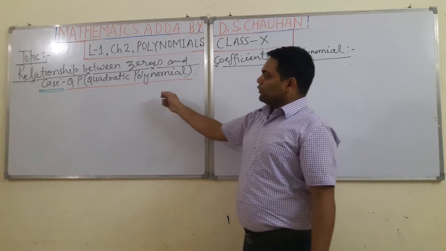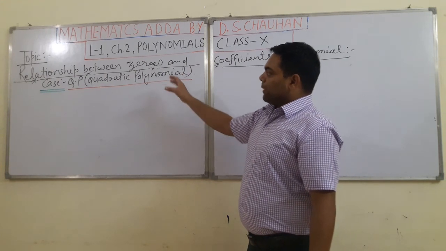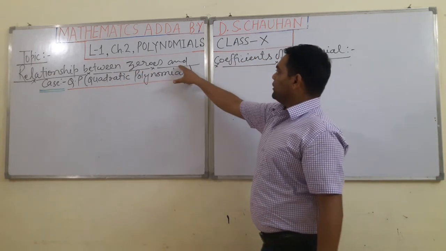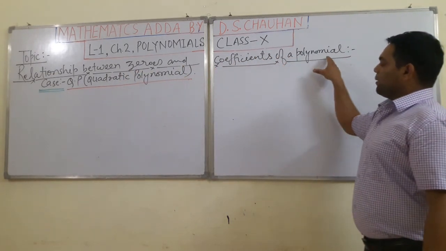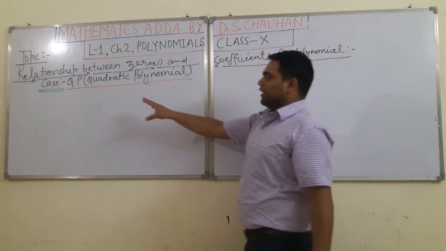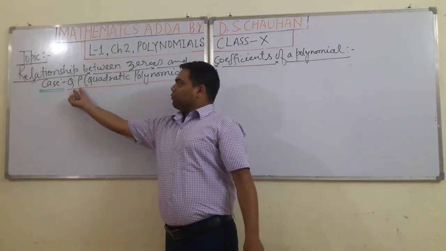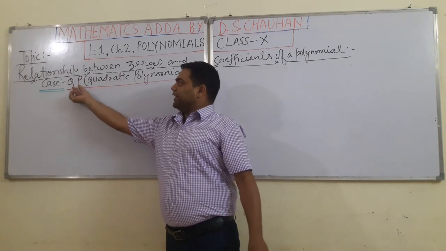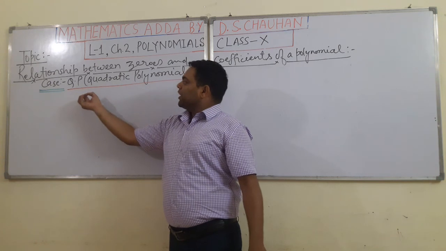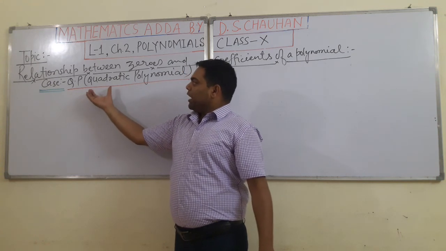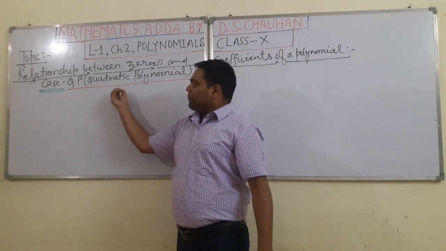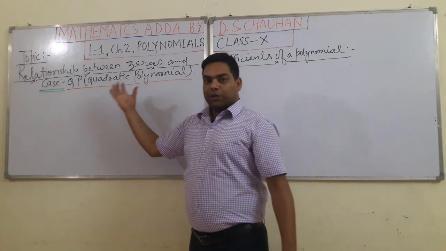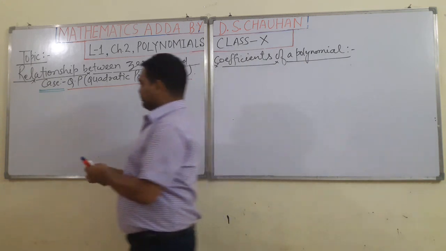Today I am going to tell you about the topic relationship between zeros and coefficients of a polynomial, especially quadratic polynomial, inside which we will write it QP. Students, try to understand easily. I am going to give you the complete derivation and then some examples to understand the topic.